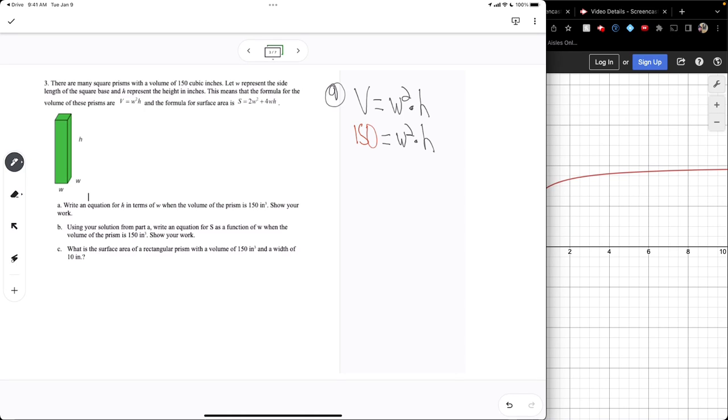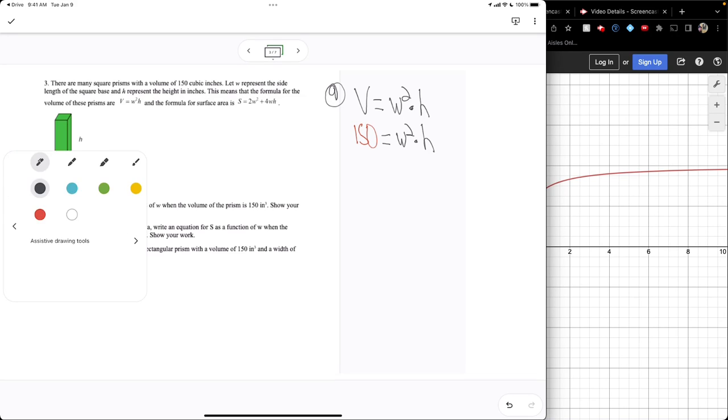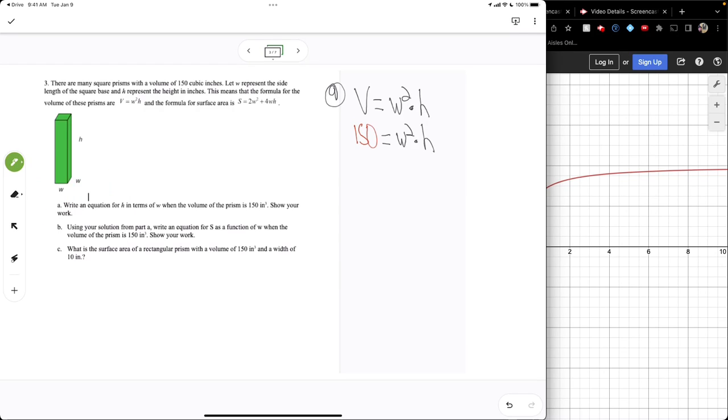Now we're going to solve for H, meaning we want to get H by itself. We want to rewrite it so that I have H equals something.